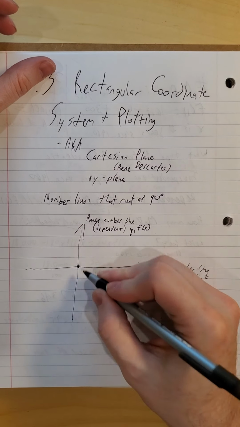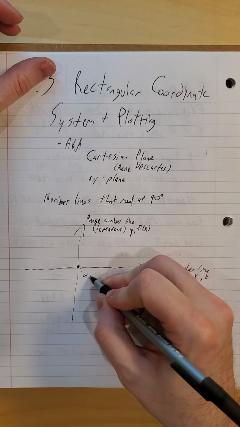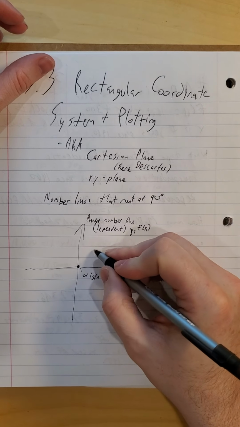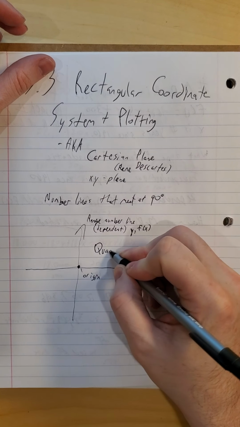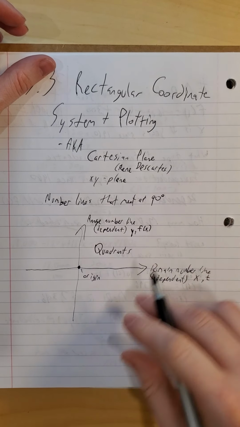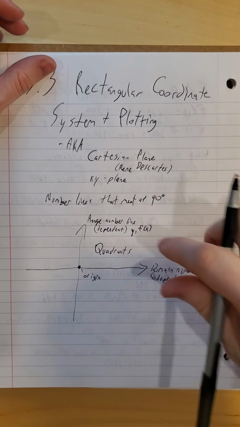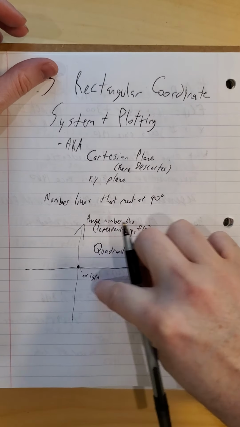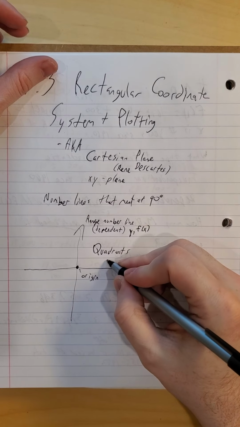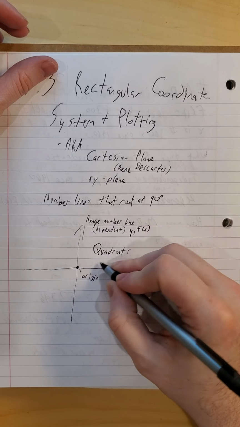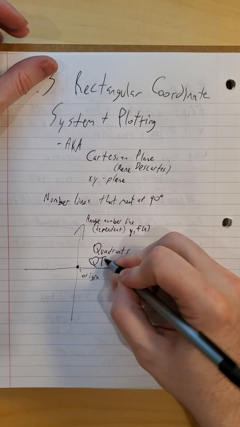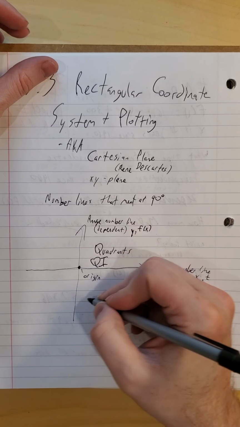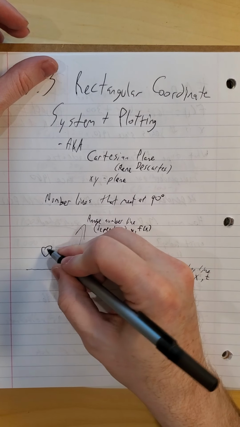The place where these two meet is referred to as the origin. And then we have our quadrants. So you might notice these two meeting like this cut my page into 4 sections. We call them quadrants. So this is Q1, quadrant 1, and we count counterclockwise.